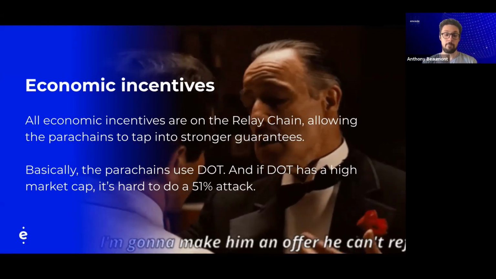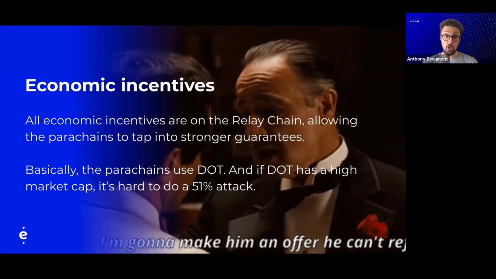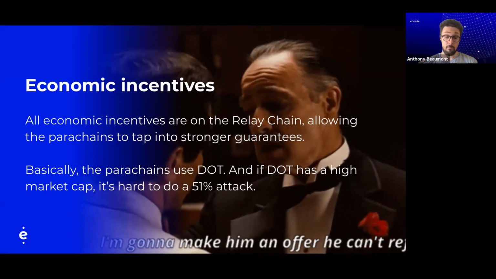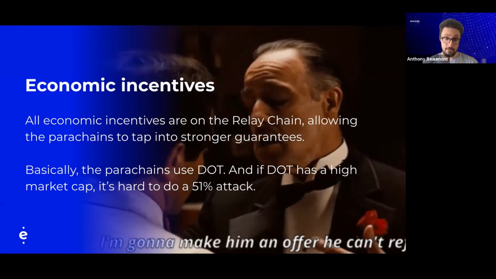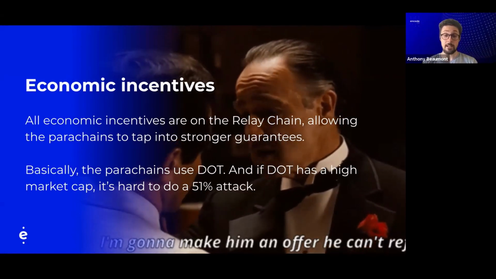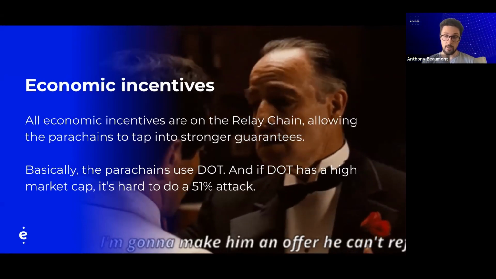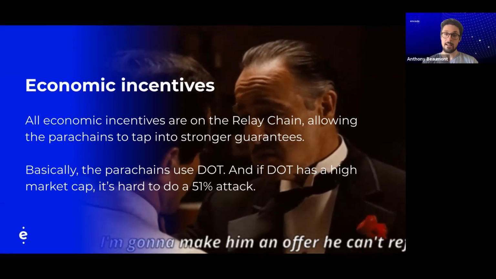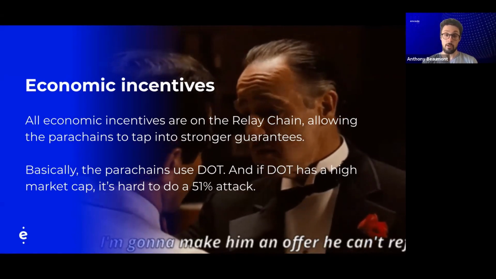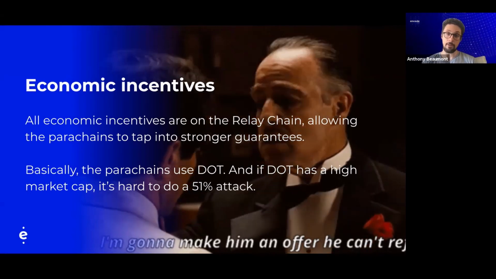And by being part of one big system that uses DOT as its token, you get a much higher guarantee that there's going to be no 51% attack. By a 51% attack, what you mean is that if someone has a majority of the tokens, no other party can stop them from trying to rewrite the blockchain or change what's happened.